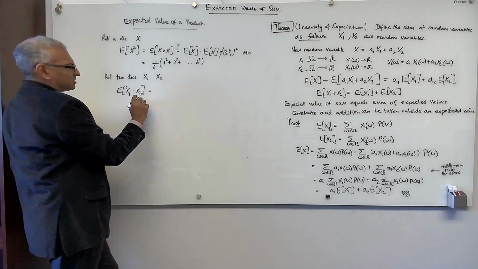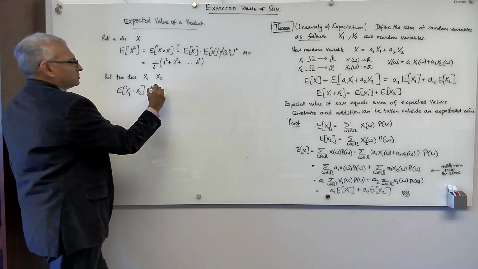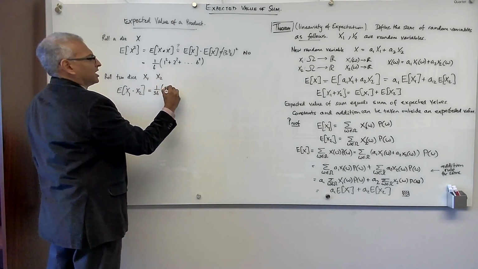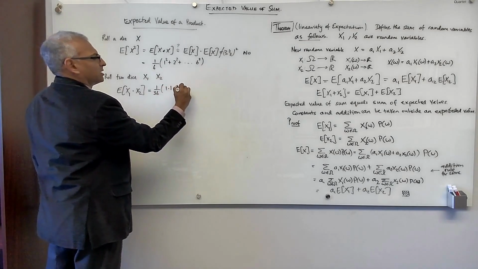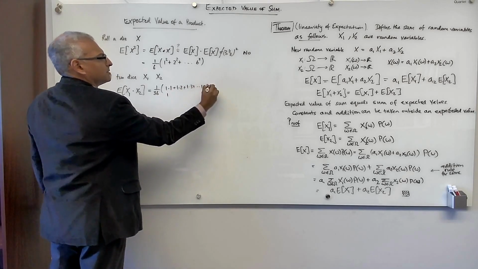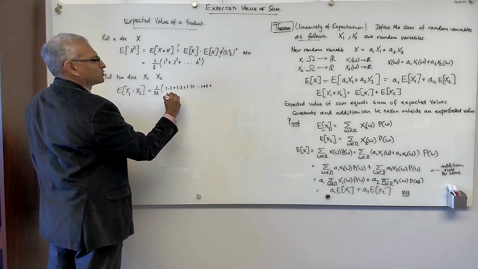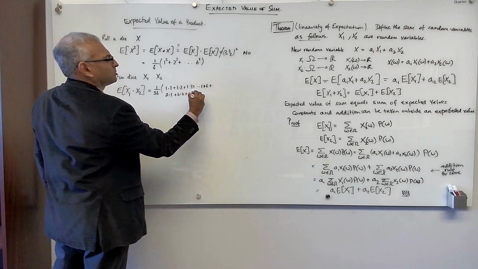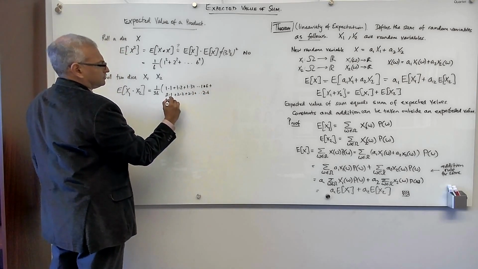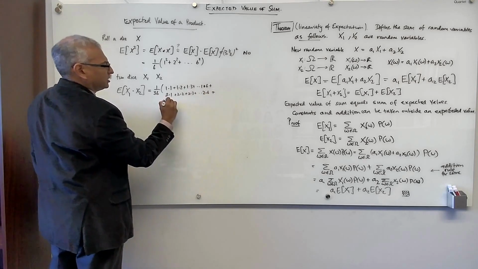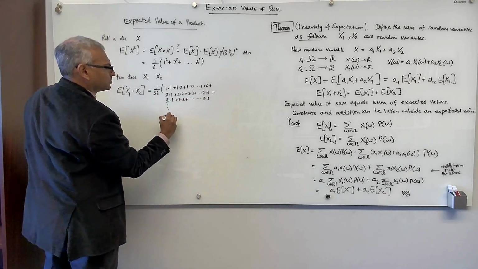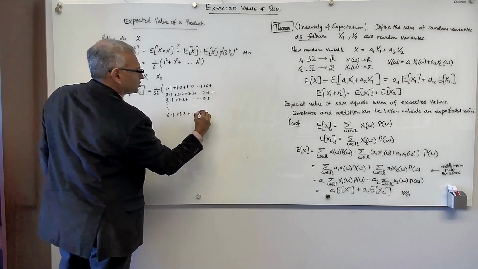From the definition of the expected value, it will be 1 over 36 times 1 times 1, plus 1 times 2, plus 1 times 3, up to 1 times 6, plus 2 times 1, plus 2 times 2, plus 2 times 3, up to 2 times 6, plus 3 times 1, plus 3 times 2, up to 3 times 6, and we keep going up to 6 times 1, plus 6 times 2, up to 6 times 6.